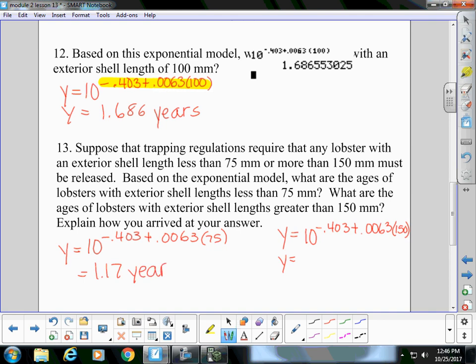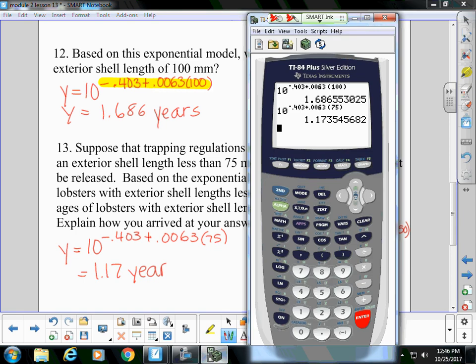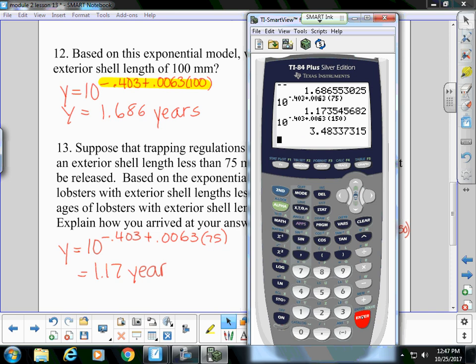So anything less than 1.17 years or greater than, so I'm going to go back again, I'm going to change that into 150. 3.48, almost 3.5 years.